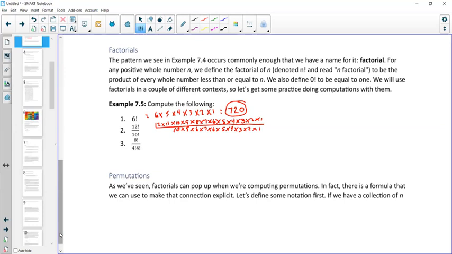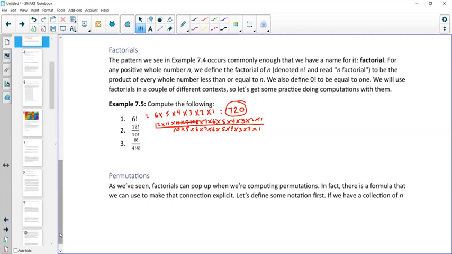Now, the interesting thing about this division, remember, you can divide out common factors in the numerator and denominator. So if some factor is in the numerator and in the denominator, we can divide them out.